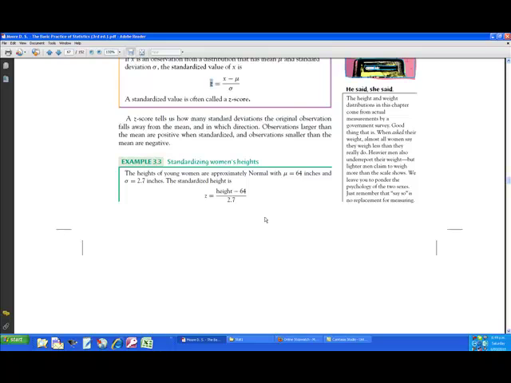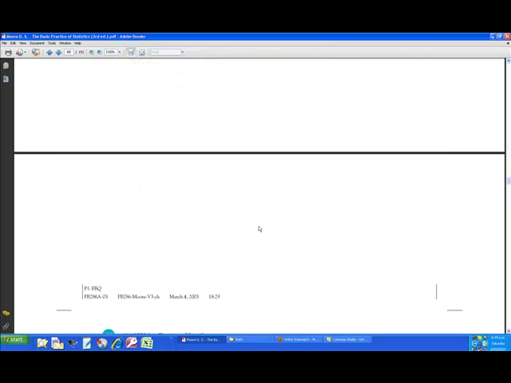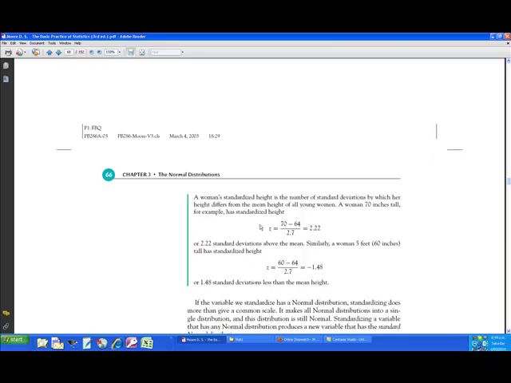Okay, so the standardized height would be the height minus 64 over 2.7. Let's see what they ask us here. A woman who's 70 inches tall, what's her standardized height? So it's how far above the mean is she?